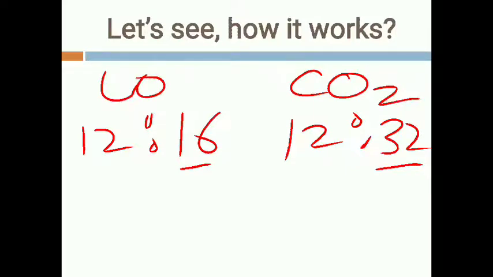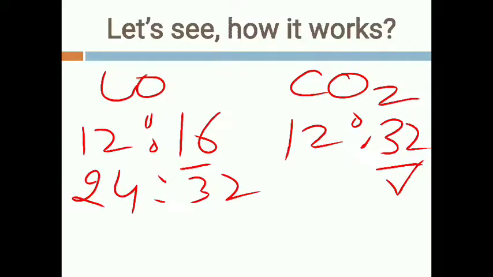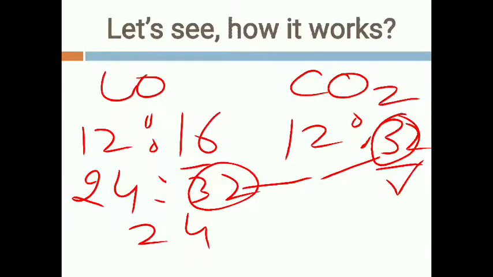It should be the same in both cases, so it is 32 here, and you have to multiply this ratio by 2, so it is 24 is to 32. Now oxygen is kept the same, so you just compare carbon in both compounds. It is 24 is to 12, which is a simple 2 is to 1, a simple whole number ratio. So this is your law.